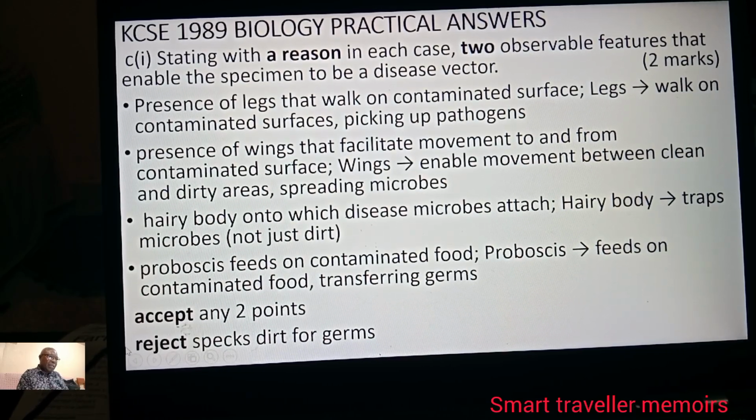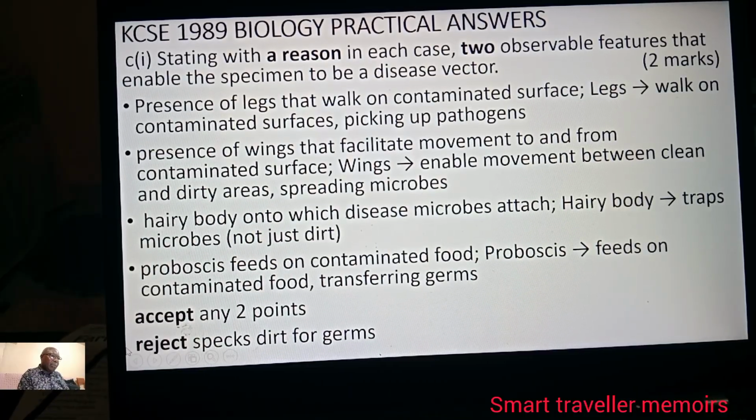The next observable feature is hairy body onto which disease microbes attach. In other words, the hairy body traps microbes. And finally, proboscis feeds on contaminated food.